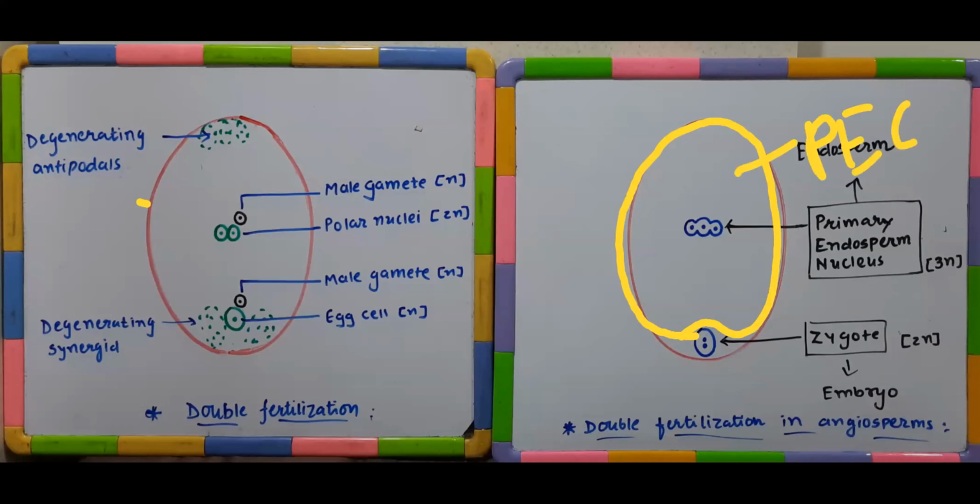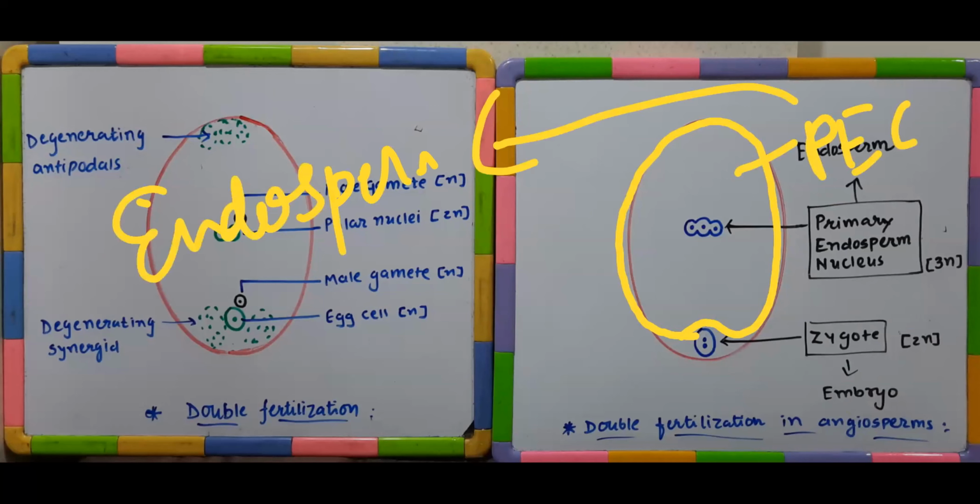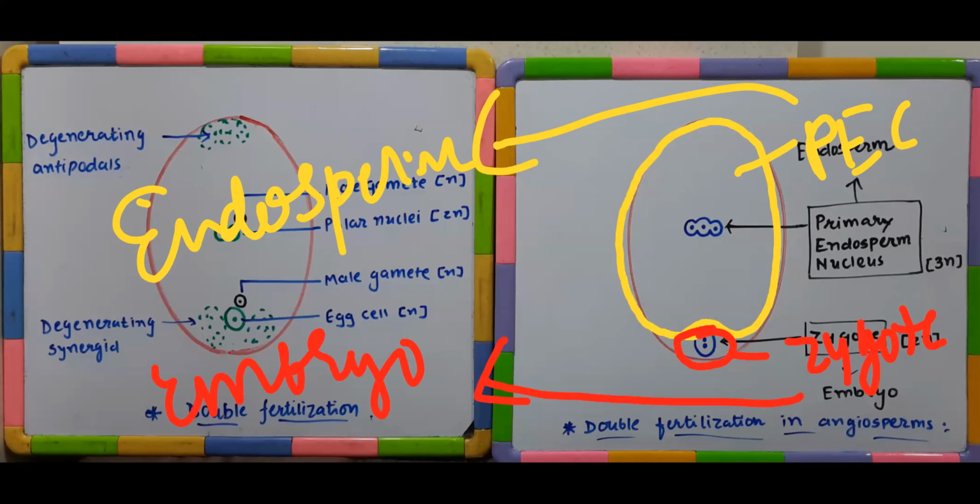This is supposed to develop endosperm tissue, whereas the other cell towards the micropyle, termed the zygote, is supposed to develop the embryo of the seed. Remember, the diploid zygote develops into the diploid embryo. The triploid primary endosperm cell develops into endosperm tissue. This is the process of double fertilization.